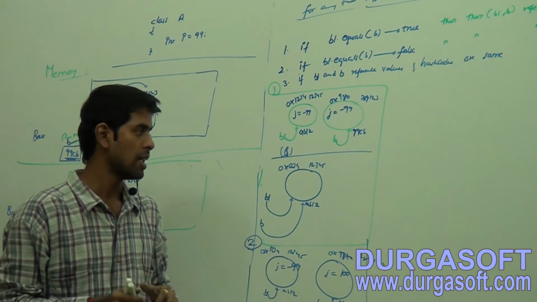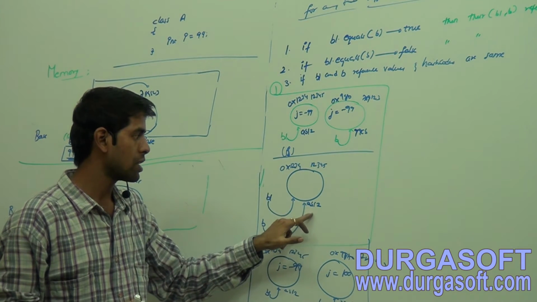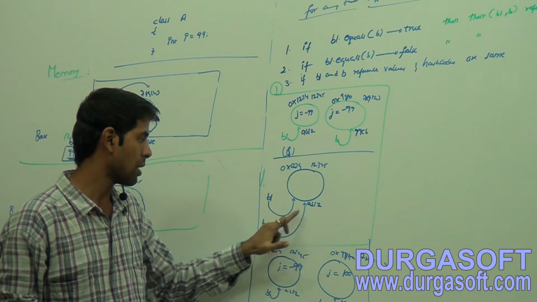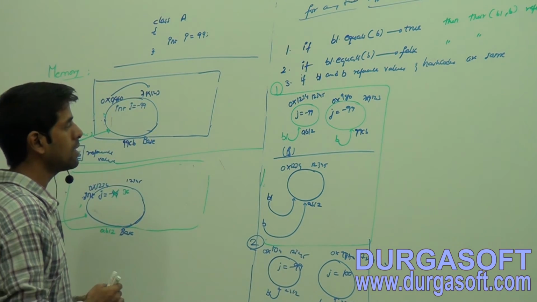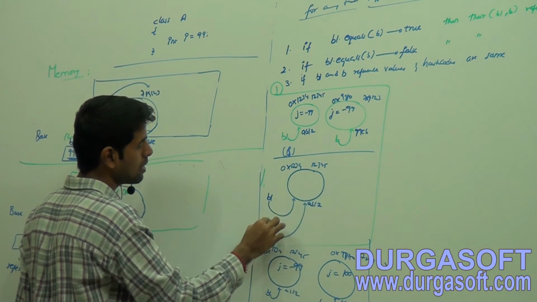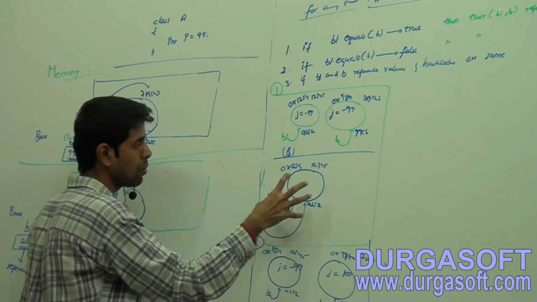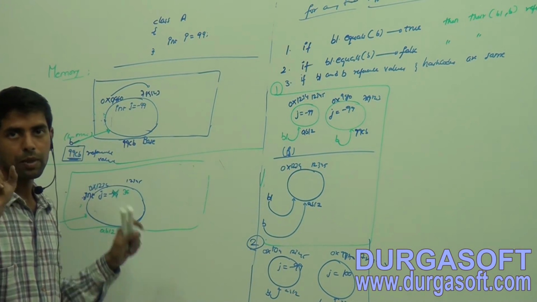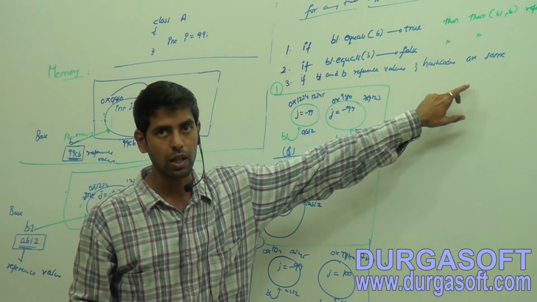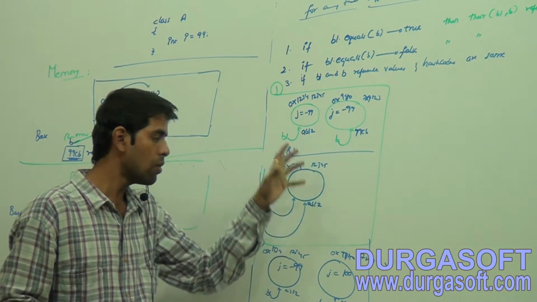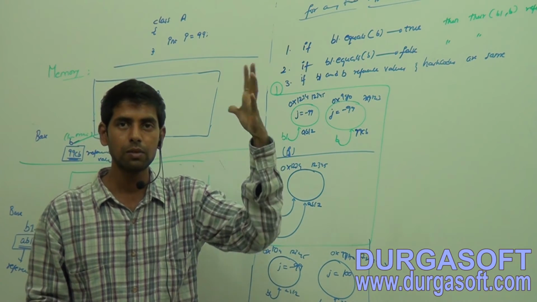The reference value of b1 should be the same as the reference value of b, and their hash codes must be the same. Getting? This is the only one pictorial memory representation we can bring for this scenario.